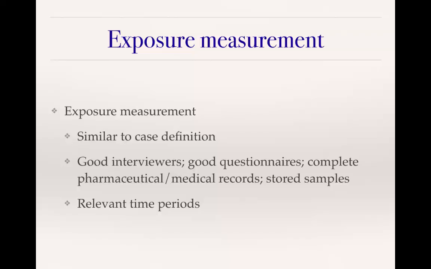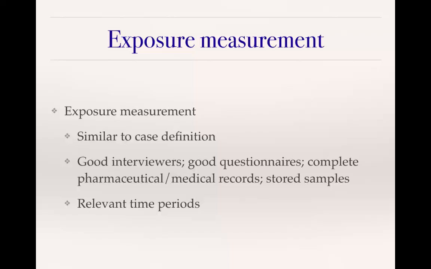Just as with the outcome ascertainment, we need to make sure that there's a clear and objective process to measure the exposure. The most accurate way of assessing exposure is through thoroughly completed medical or pharmaceutical records or stored samples from the laboratory analysis. When these sources are unavailable, measurement of exposure often occurs through the questioning of cases and controls or their appropriate proxies.